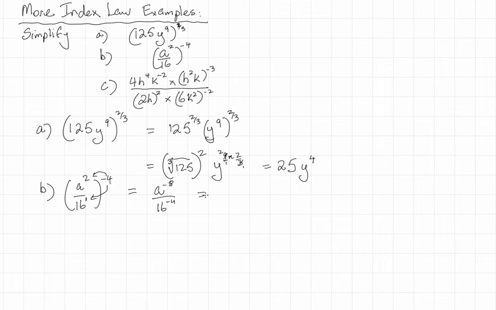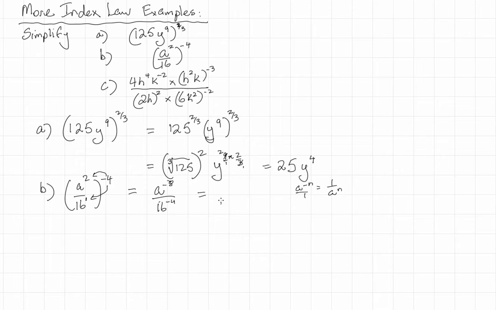Now, we can apply another index law. We know that a to the minus n equals 1 over a to the n. And basically a to the minus n is like that over 1. Well, you put it downstairs with the positive power. But if it's downstairs with the negative, you bring it upstairs with the positive. So as I've said before, it is a convention to express this with positive powers.